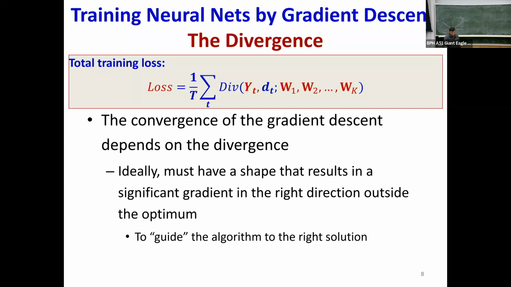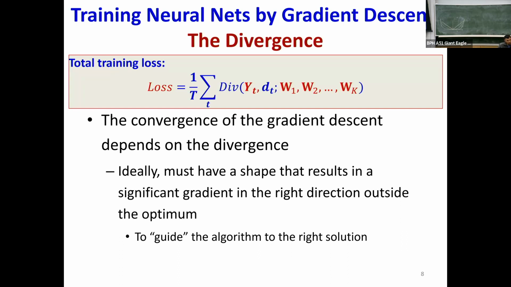You have this corner, and so you have issues. For alpha equals 2, you get a nice, beautiful bowl. For alpha 3, what happens? It still is a bowl, but it's going to become something like this, right? As you raise the power, it gets flatter and flatter near the minimum.